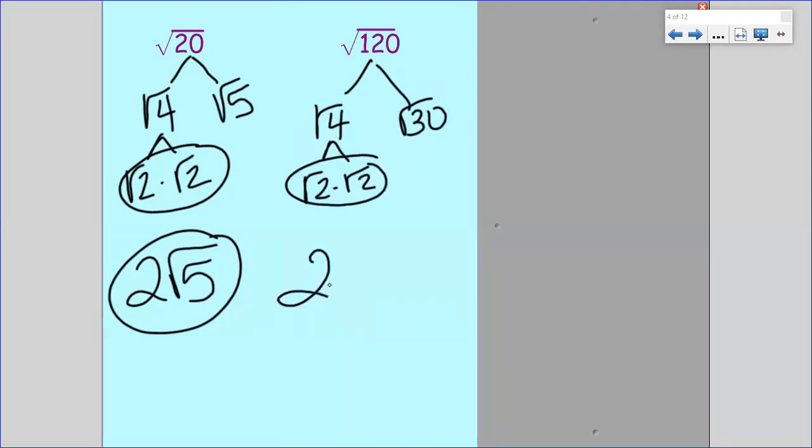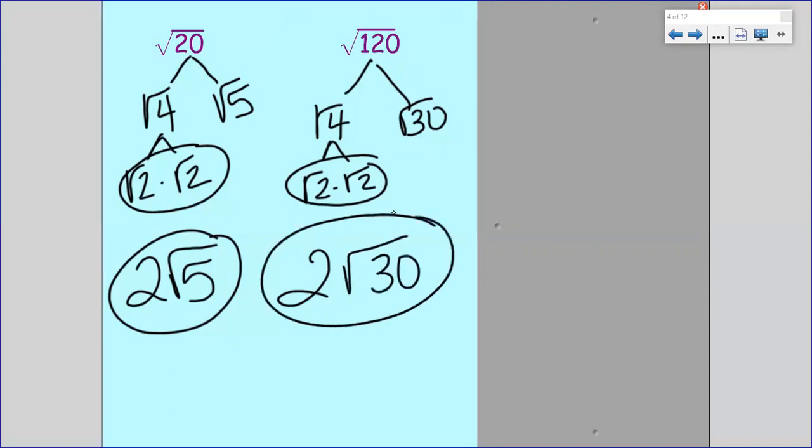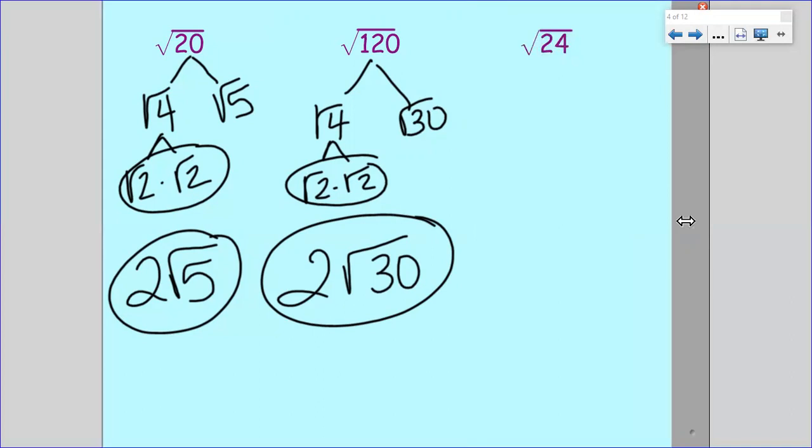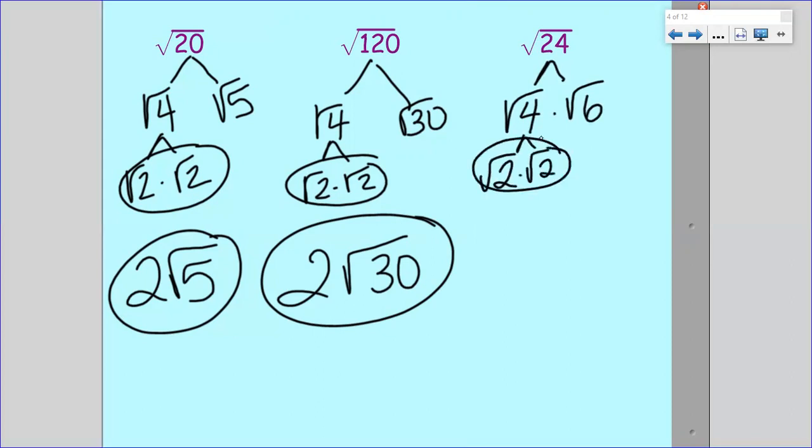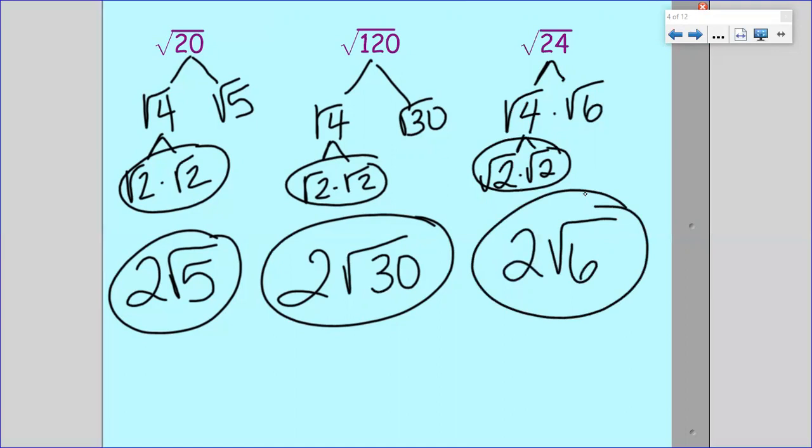And then the square root of 30 is going to be left alone because there is no factor of 30 that is perfect. So we're done. Okay, what about the square root of 24? 4 again. The square root of 4 times the square root of 6 gives me that. So I know, again, the square root of 2 times the square root of 2, that's coming out. 2 square root of 6. Okay, so this is if we just have numbers.